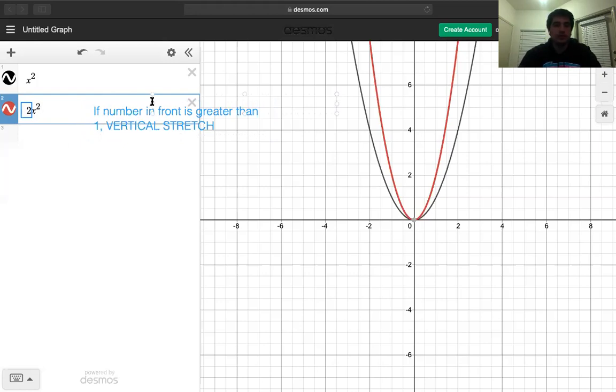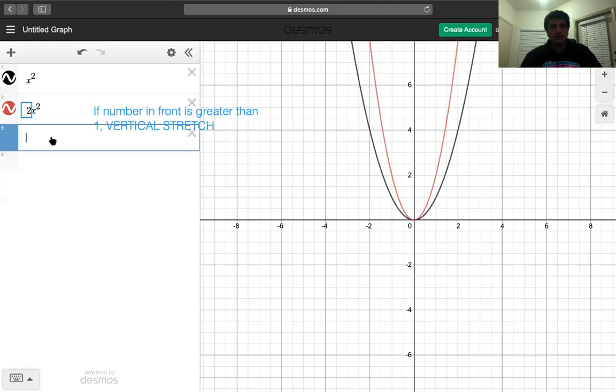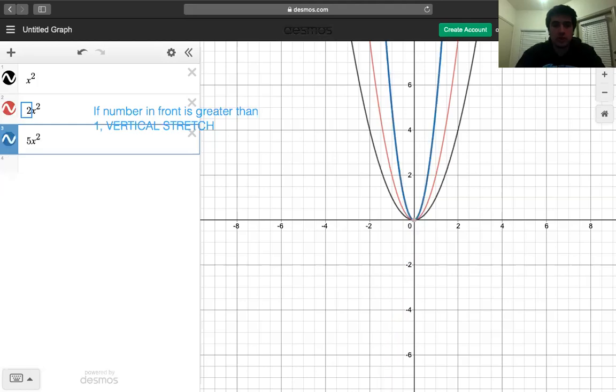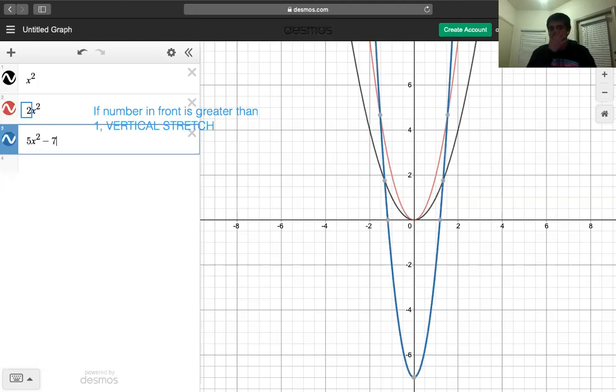So let's look at another example. Let's say I have, I don't know, we could say 5x squared, and you could say minus 7, something like that, right? Okay. So again, we're looking for a vertical stretch or compression. We're looking for the number in front, okay? So let me put a little box on it.